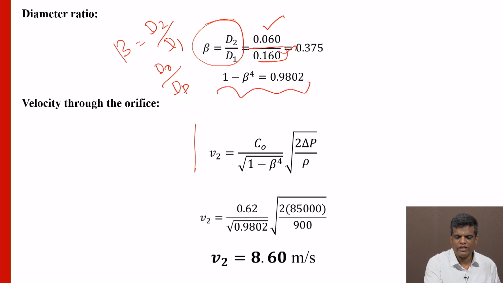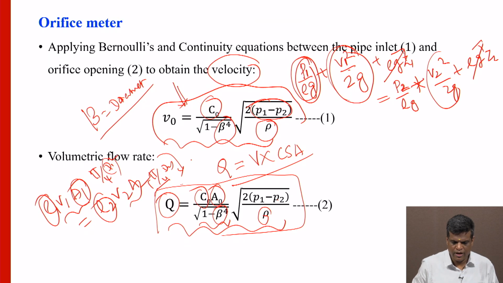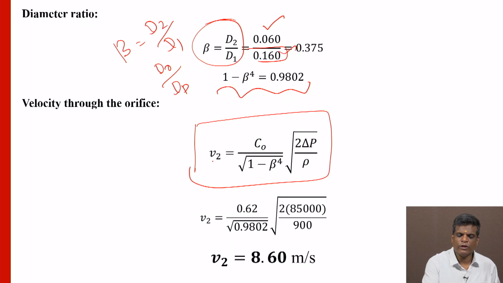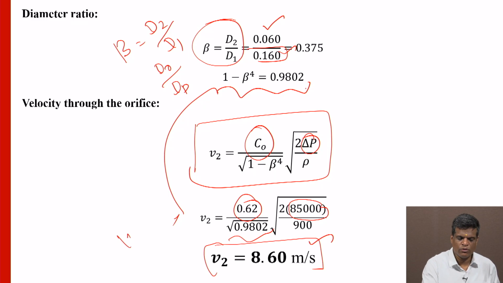Then the velocity through the orifice, we know the equation from before. V naught, or V2, equals C naught, already given as 0.62, then 1 minus beta power 4 we got from here, then 2 times the pressure drop in Pascal, also given here. Finally we got the velocity V2 equal to 8.6 meter per second.